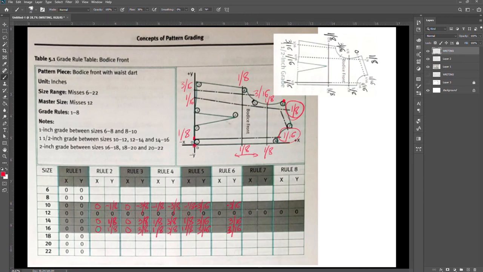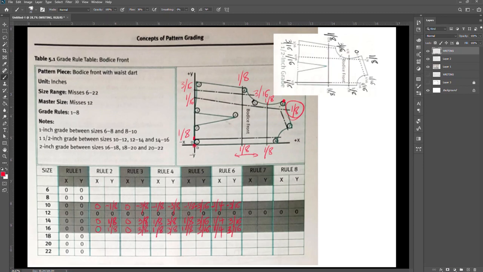So that's nice and easy. We can just add 1/8 on both sides, keep it simple. So 1/8 plus 1/8 equals 1/4. So in the x column, that point is going to move a full 1/4 inch, which makes sense. That point should be moving the most because it is the furthest away from the axes, right?